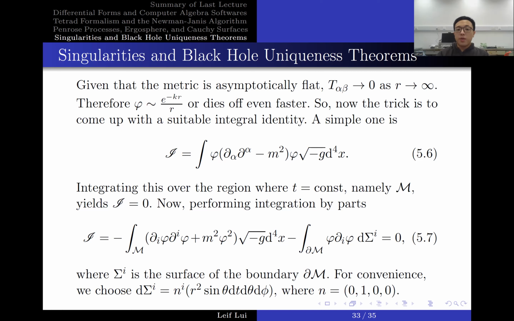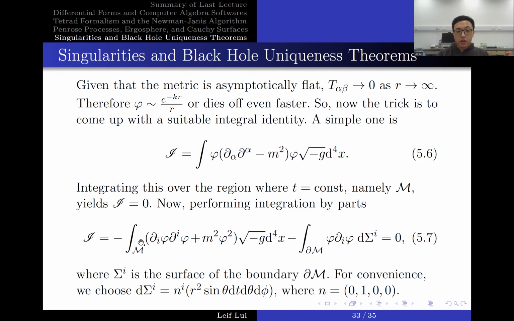So now the trick is to come up with a suitable integral identity, and a simple one is as follows. Basically, we multiply φ, the scalar field, by the Klein-Gordon equation, and then take the integral over the volume of the manifold. By integrating this over the region where t equals constant, namely M, this yields the integral I equal to 0.